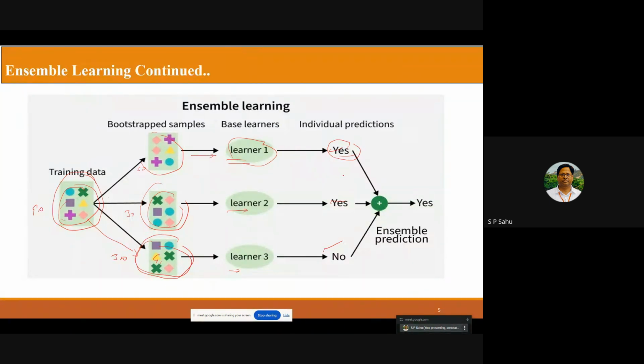So here, out of three base learners, two say yes. Based on majority voting or hard voting, the output will be yes. This is a very simple concept of the ensemble method, and this is the example of bagging, the first one.